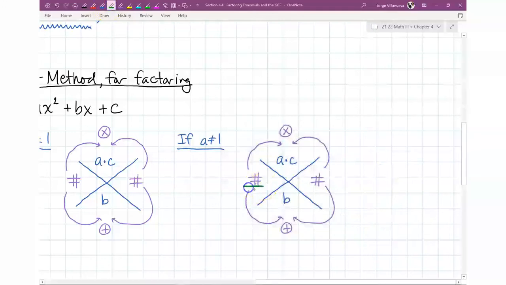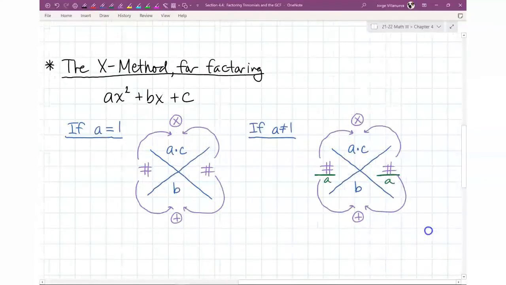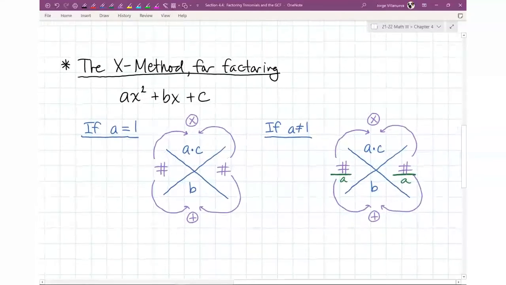These numbers eventually have to be divided by a. That's the only difference. And I know this looks really confusing when you just look at it graphically, so it's best when we work on it together. It's not that difficult to do, okay? It doesn't look like it's easy, but it really isn't that difficult. So if a is not equal to 1, then don't forget to divide by a once you find your numbers that multiply to the top and add to the bottom. Then you'll divide by a at the end.